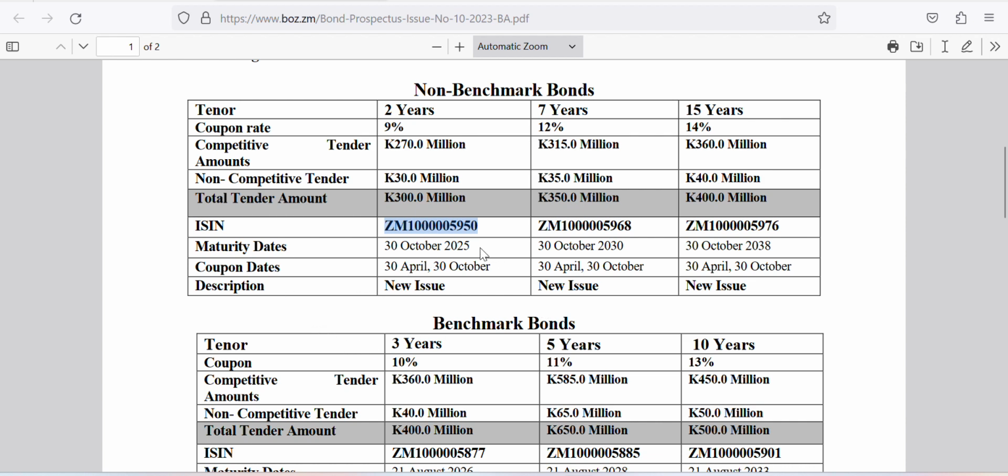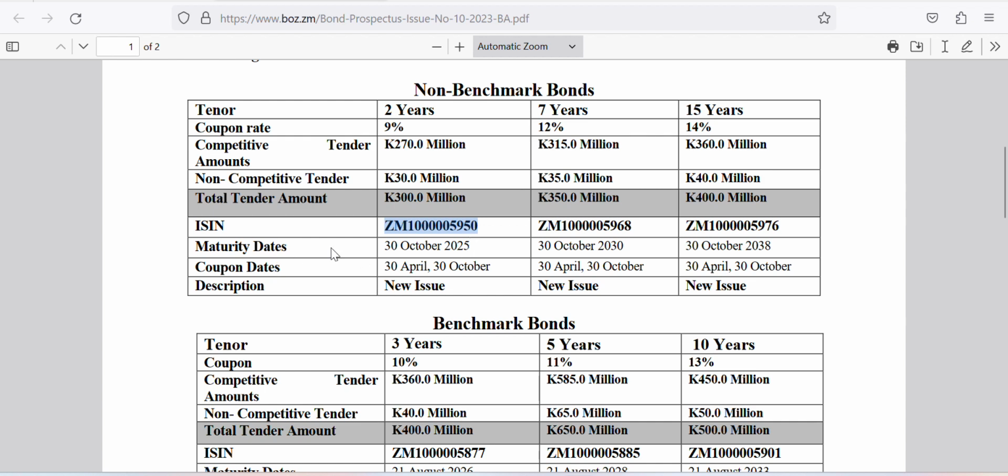Maturity date. This is the date from the settlement date to the day the bond matures. Basically, from the day you lend money to the government, once you add the term for that bond, for example, if it's a 2-year bond, after 2 years the maturity date comes.